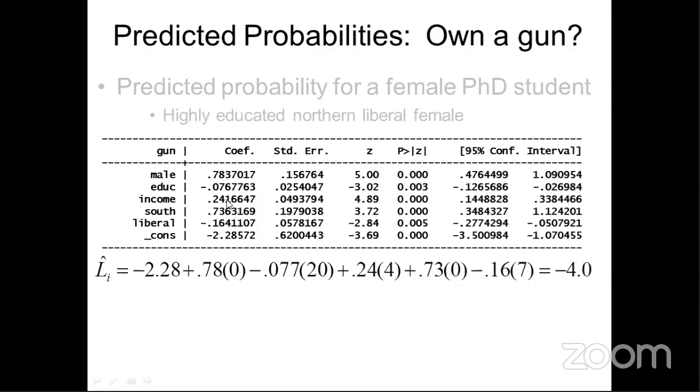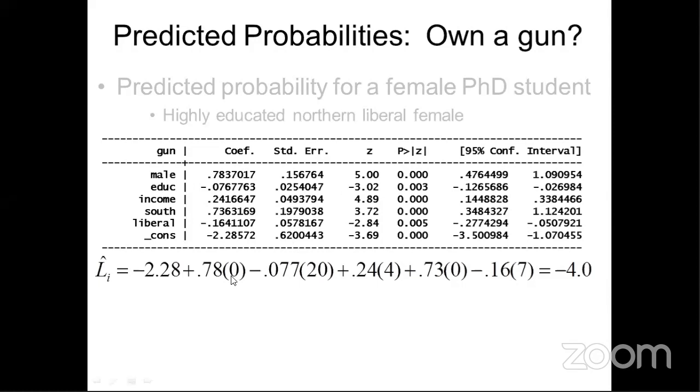So you have to input your estimated values of all the coefficients with the given values of your chosen variables. Then you are able to predict the probabilities of owning a gun or not. So it is the probability for a female PhD student, who is highly educated, from the north, and she is also liberal.